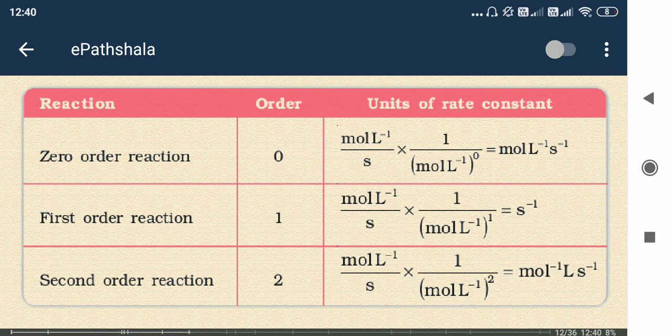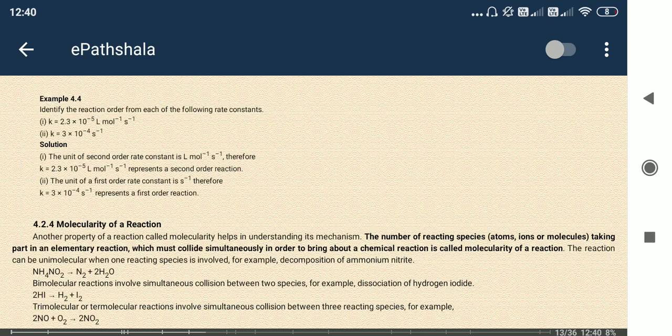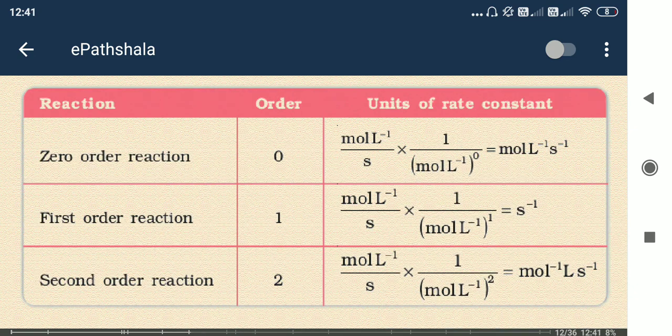So if we need to calculate the unit of rate constant, how can we calculate? Reaction rate is equal to reaction rate constant into concentration to the power n, right? So now reaction rate constant is equal to reaction rate by concentration to the power n.